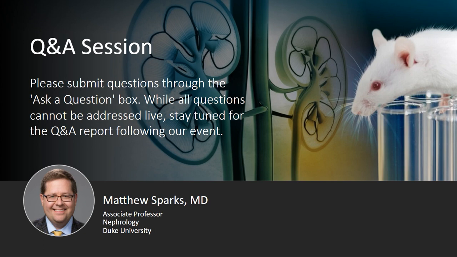I always looked at it like the C57 black 6 mouse has more of a vascular phenotype, and the 129 mouse has more of a tubular phenotype in respect to angiotensin actions. But the exact scientific rationale and reasoning for that, I don't think has really been completely explained, but it's an interesting question.